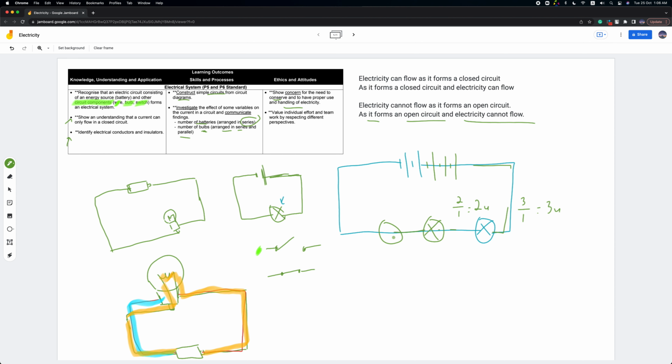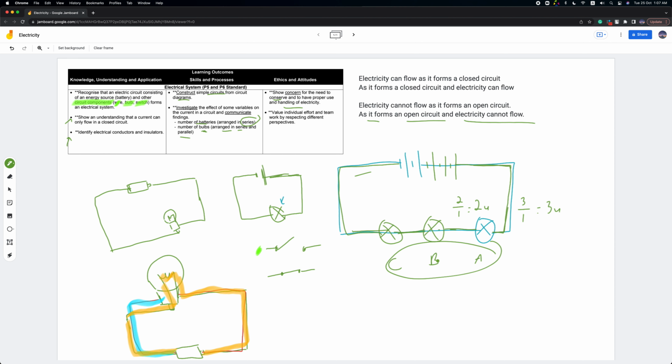So for this case, when the electricity flows, it has to flow through bulb A, bulb B, bulb C, and back. So we say all these three bulbs are arranged in series.